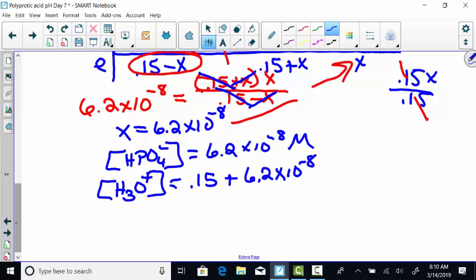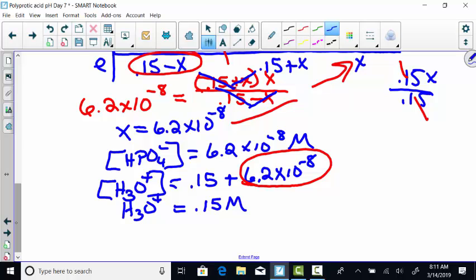Now, do that math in your calculator. Once you do, you realize that's a really, really small number that I'm adding to a really big number. So your H3O plus concentration essentially does not change. H3O plus is still 0.15 molar. Okay?